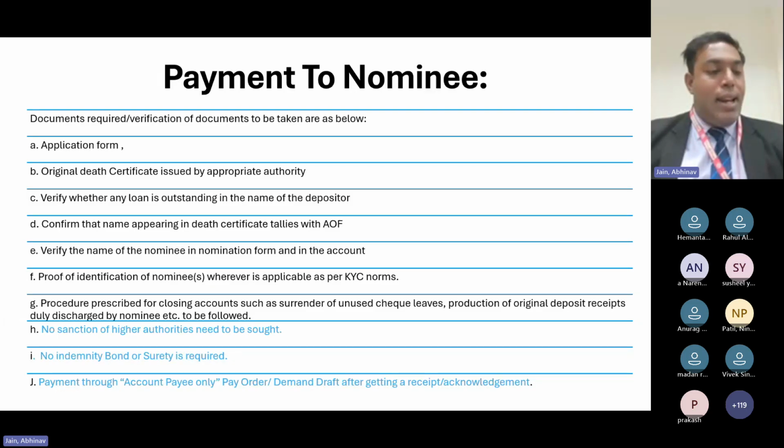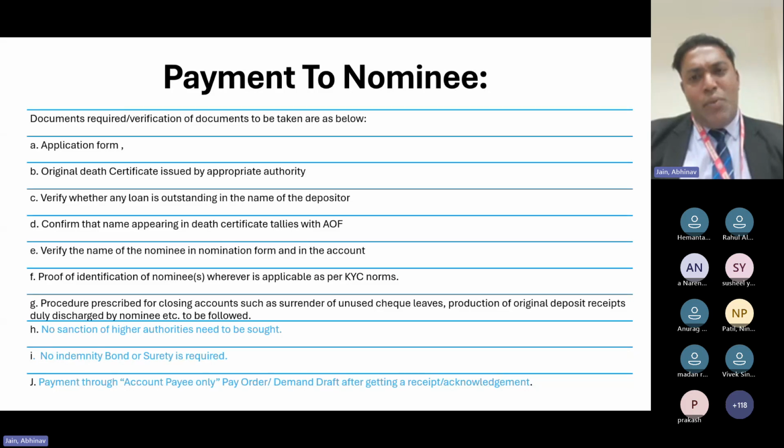Let's say a nominee is declared in the account or locker and we have to settle the death claim. So what will we take? Documents: application form, original death certificate. We'll verify whether any outstanding loan is there or not. Then we'll verify the nomination from the account opening form. We'll verify the name of the nominee in the nomination form, account, and documents provided by the nominee as per KYC norms.